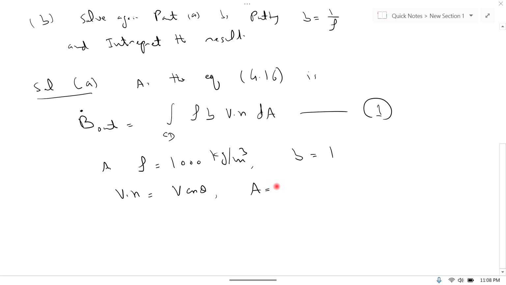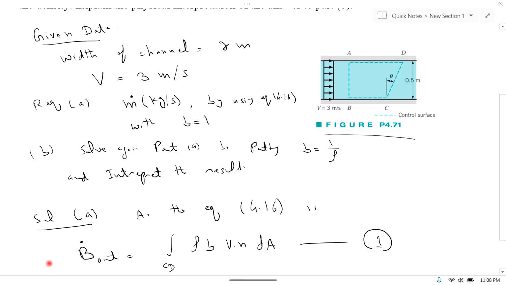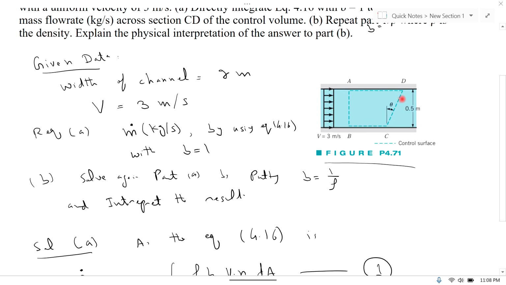A is the area, and from this diagram we can find the area.